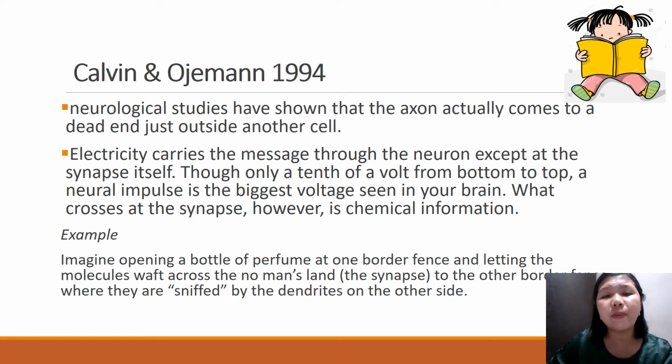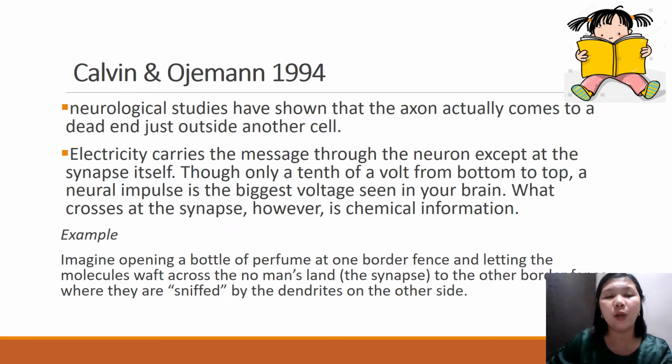Electricity carries the message through the neuron except at the synapse itself. Though only a tenth of a volt from bottom to top, a neural impulse is the biggest voltage seen in your brain. What crosses at the synapse, however, is chemical information.